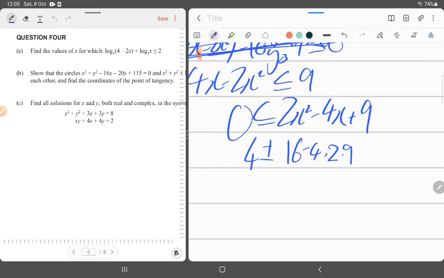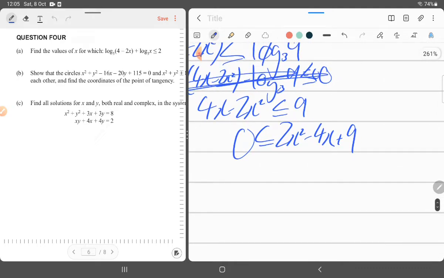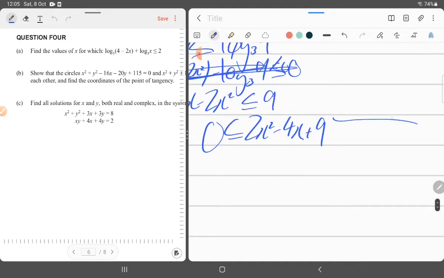Oh no, that's just for the solutions, and that's just if it's equal to 0. It can never be equal to 0, so it's not equal. If it's not equal to 0, it's either this or this. But since this is positive, it has to be this.